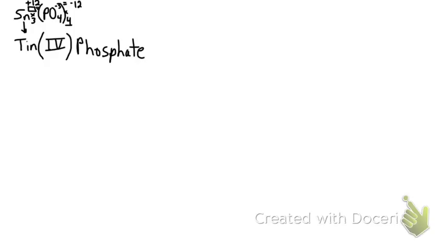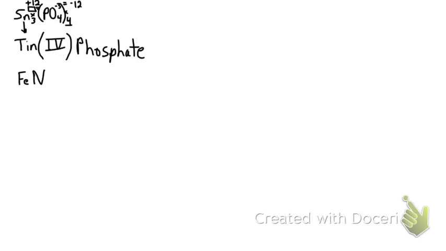Alright, another problem could be this. FeN. I'm going to write 3 more problems. I'd like you to attempt to solve them on your own and then come back here and we'll solve them together.